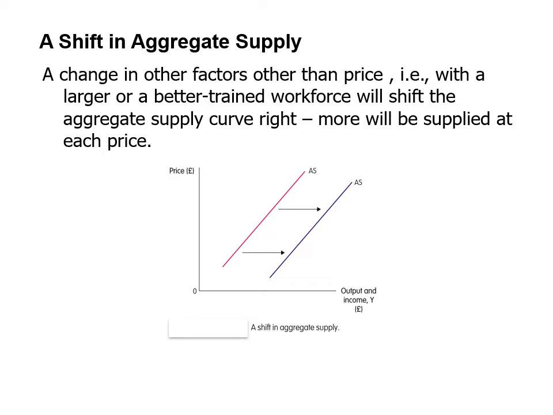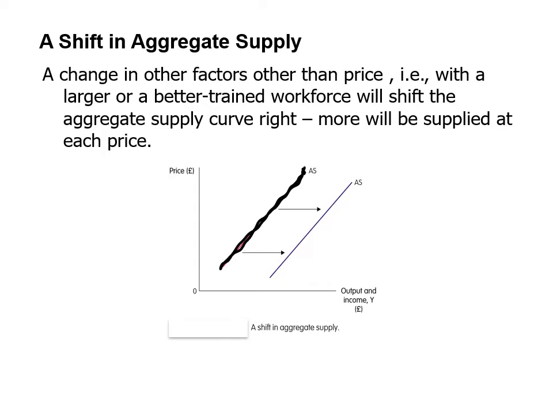So just like in microeconomics, changes in the price level will lead to movement along the short-run aggregate supply curve. So we'll have movements up or down on this curve, right?